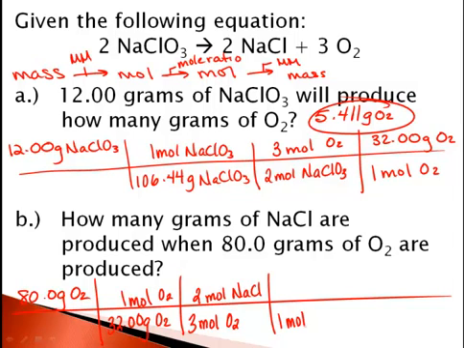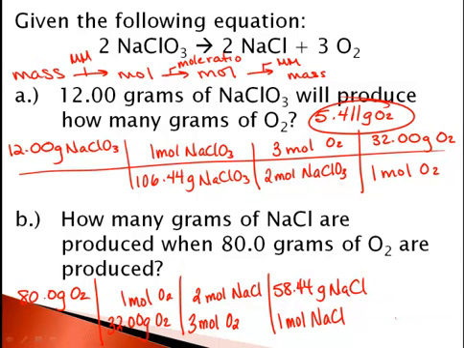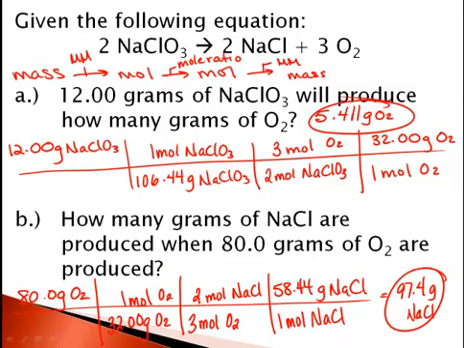So 1 mole of NaCl, 22.99 plus 35.45 gives us 58.44 grams of NaCl. So when we take our 80 divided by 32 times 2 divided by 3 times 58.44, this is where we get that 97.4 grams of NaCl.